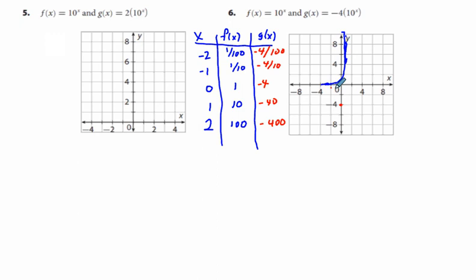It's going to look something like this. We have negative 400. Then we got negative 40 down here. So it's going to look like this.